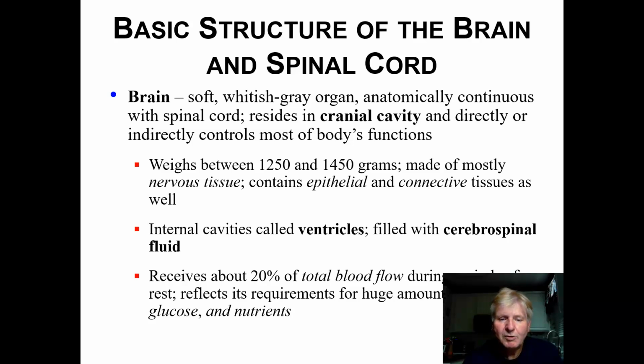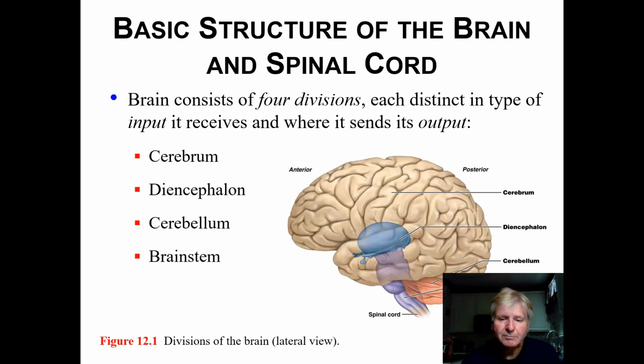They receive about 20% of the total blood flow during rest, and that's a high percentage of total cardiac output, and that reflects the huge requirements that the brain needs for its nutrients and glucose and its oxygen.